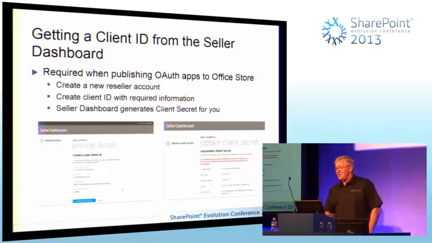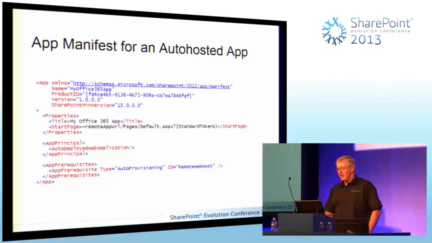But there's other things you have to do up in the seller dashboard to register things and have Microsoft put an approval stamp on it, before you're going to be able to register an app security principal that you can then use in an app that people are going to install from the Office store. Okay, just a couple other things here. There's what your app manifest looks like in an auto-hosted app.